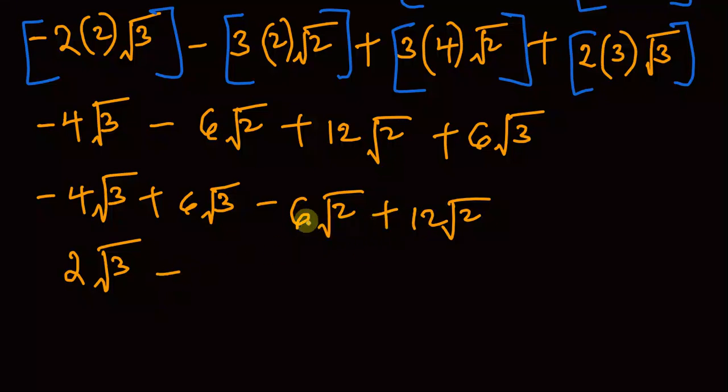Then the second part, minus 6 plus 12 is plus 6. So plus 6 root 2 remains. So that is what we are going to have as our answer. Hope you have seen how we have done it. We can look at another example on the same.